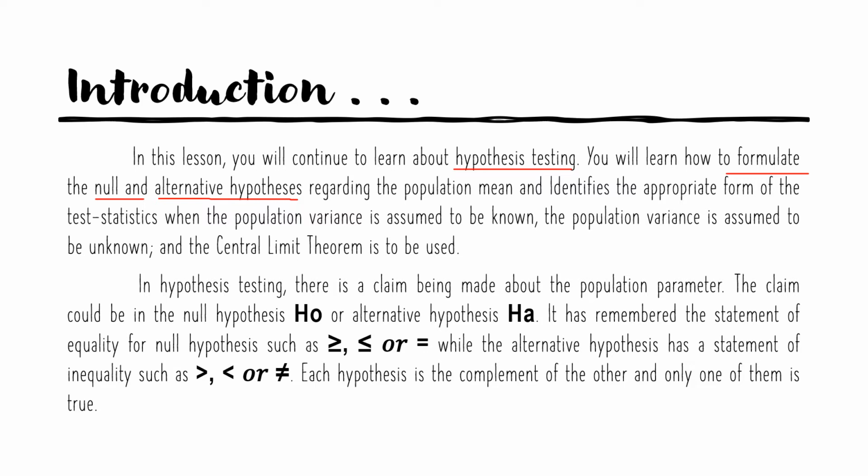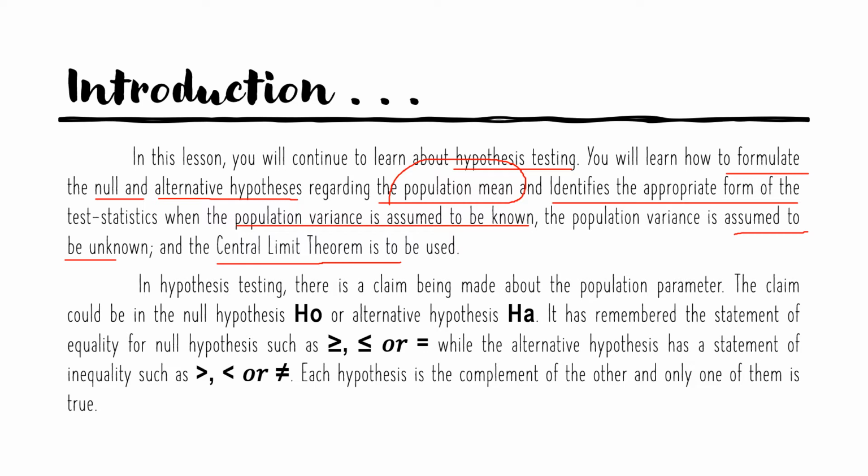So with this lesson, you will learn how to formulate the null and alternative hypothesis regarding the population mean. So there is an involvement of your population mean, and we need to identify the appropriate form of the test statistics when the population variance is assumed to be known, assumed to be unknown, and once we apply your central limit theorem in your research.